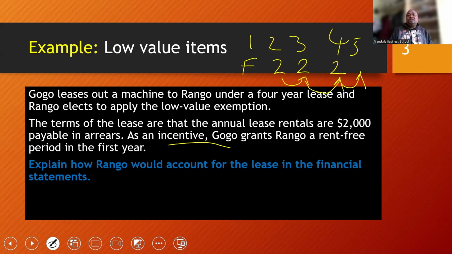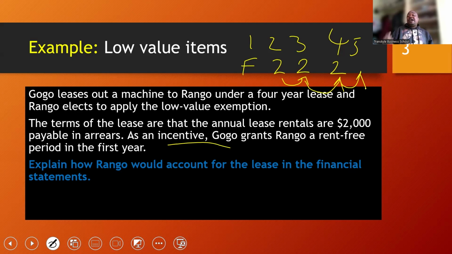Our last rental is going to be paid on 31 December of year 4, which is almost the start of year 5, isn't it? That's the start of year 5. So we are simply saying year 2 is not being paid at the start of year 2 because there are rentals in arrears. So they are paid at the end of year 2, which is the beginning of year 3. This is why we put the R on year 3 and year 4, year 5.